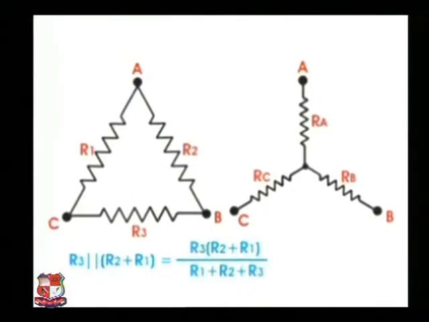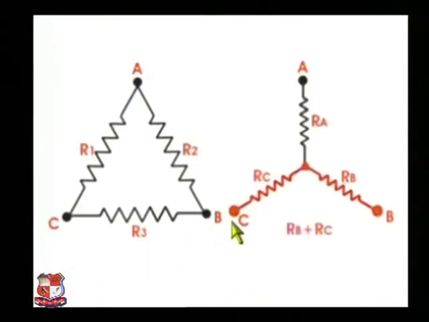Now, think about the resistance value of the star across the same points B and C. As you see from the diagram, there are two resistors RB and RC across the points B and C. Hence, the equivalent resistance between these points will be series combination of RB and RC, and this is equal to RB plus RC.